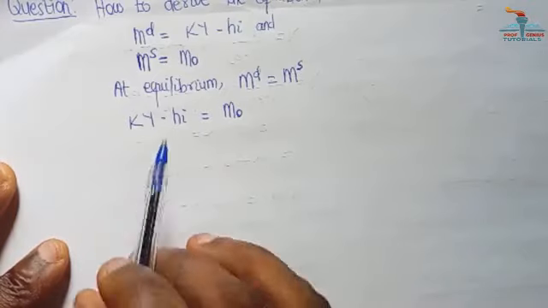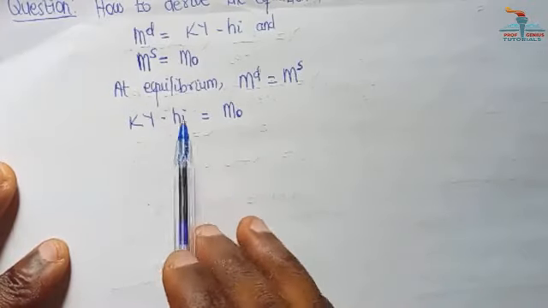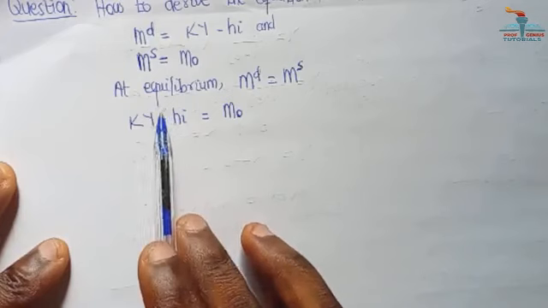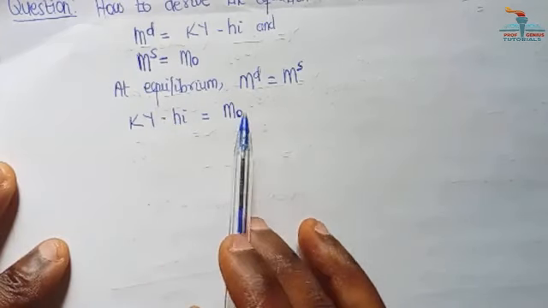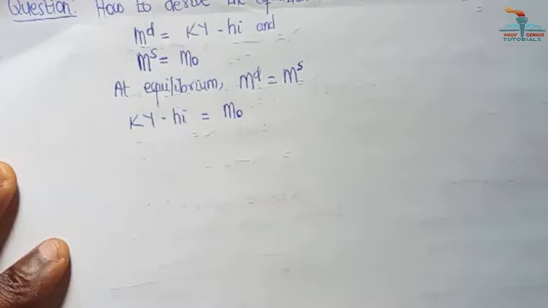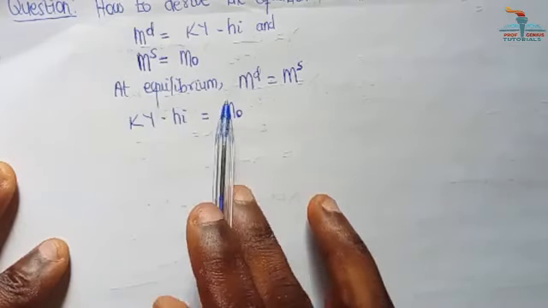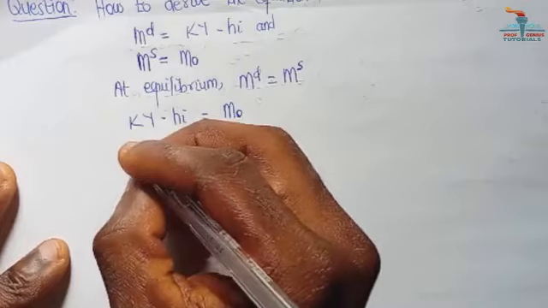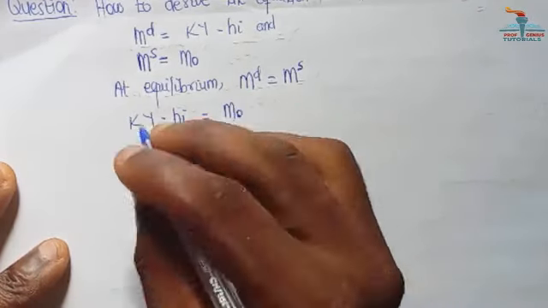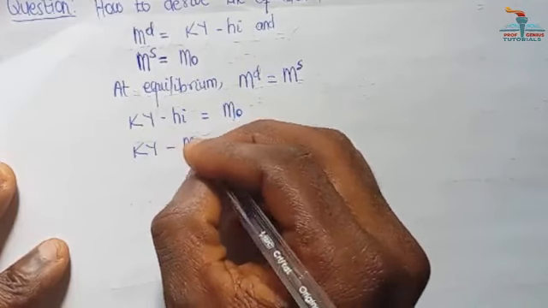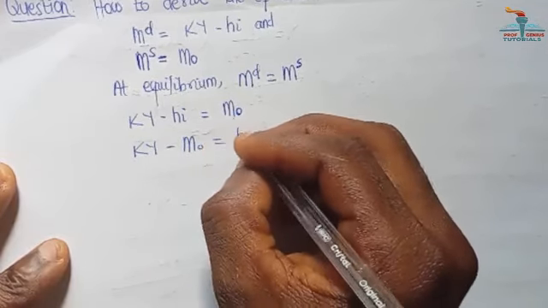We send minus HI to the right hand side in order to avoid this negative. Then we send the M0 to the left hand side. We get KY, and when positive M0 comes here, it becomes negative M0, which is also equal to HI.